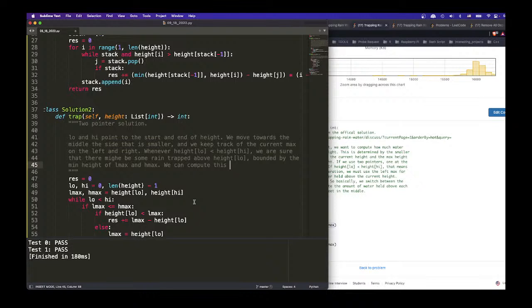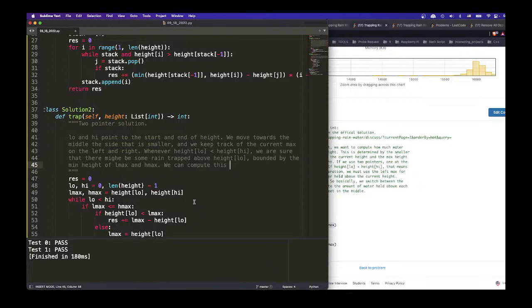No, I still don't understand. Low is smaller than high.